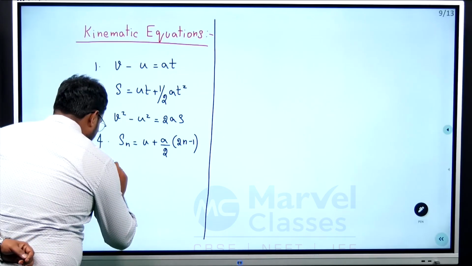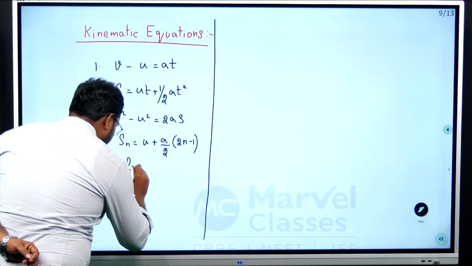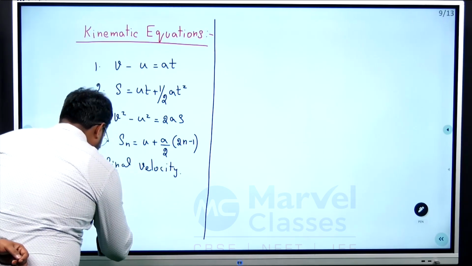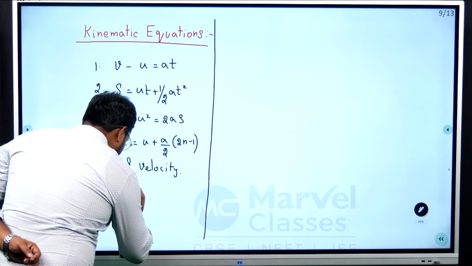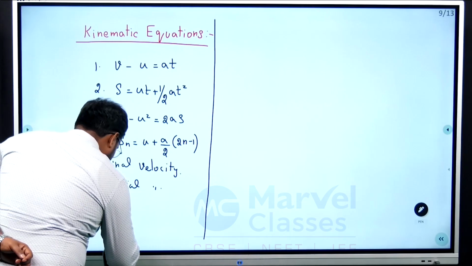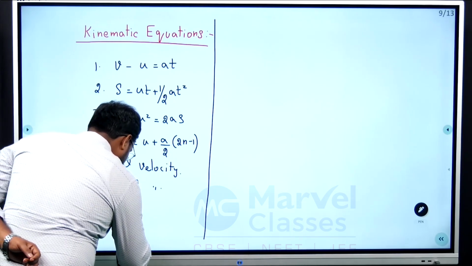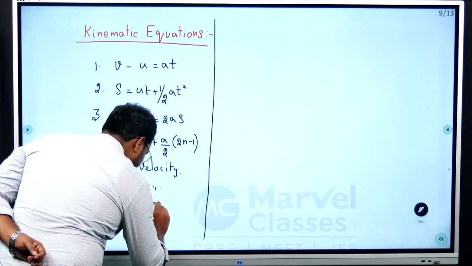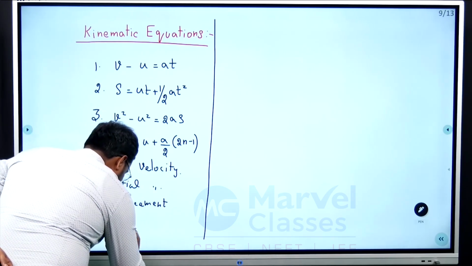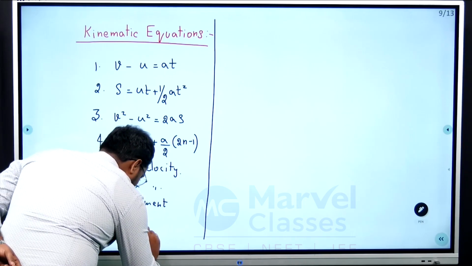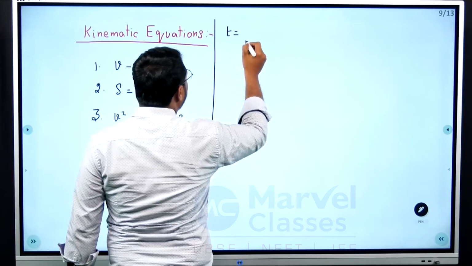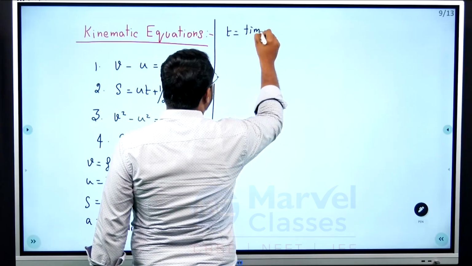V stands for the final velocity, U stands for initial velocity, S stands for displacement, A stands for the acceleration, and T stands for the time.